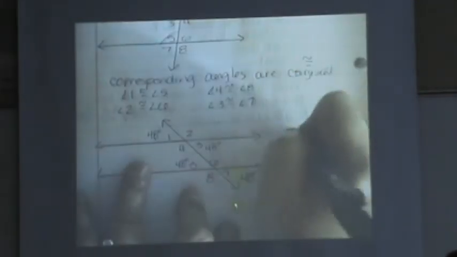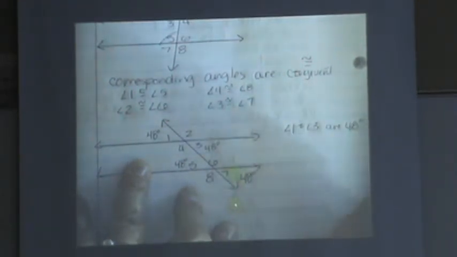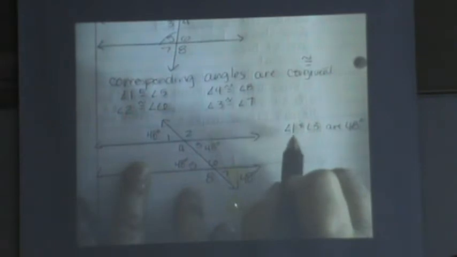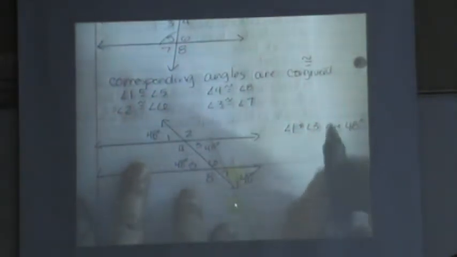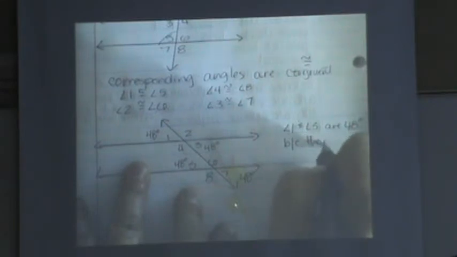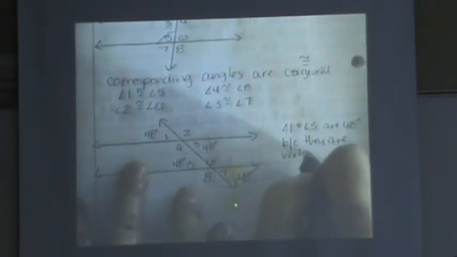So we can say that angle 1 and angle 3 are 48 degrees. I'm trying to get those to add up to 180. Angle 1 and angle 3 are 48 degrees because they are vertical. So angle 2 would be 132.